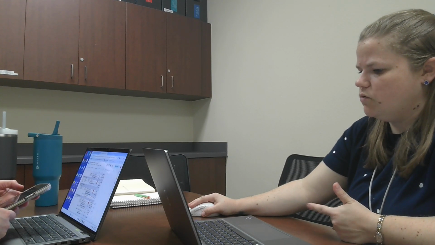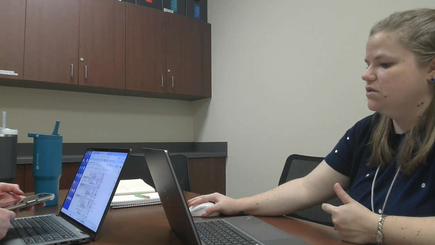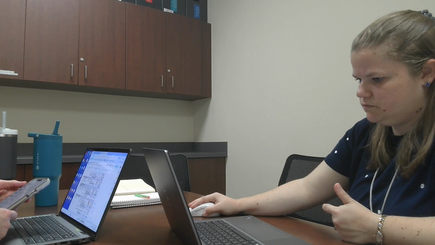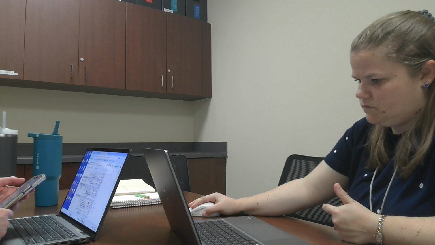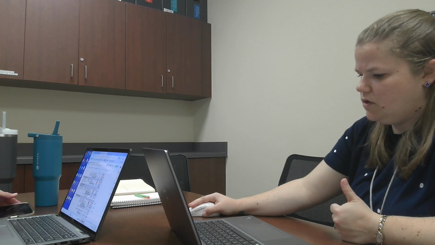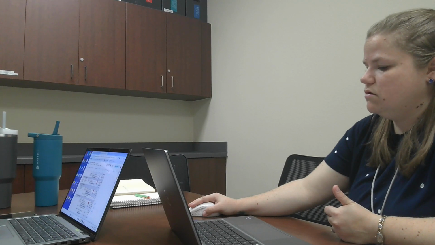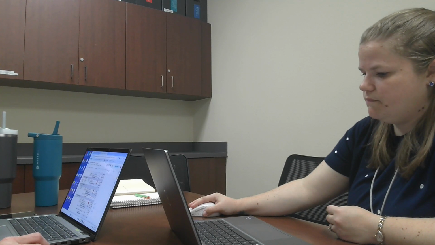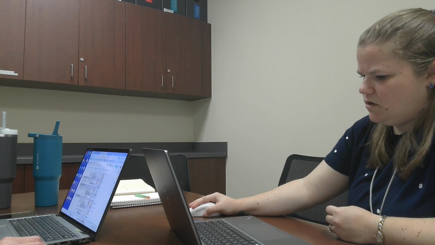Rapid color naming or segmenting non-words in CTOP? No. Okay. Comprehension, no. Naming speed, quantity, no. Integrated sentence recall, no. Okay. Phoneme isolation we do.